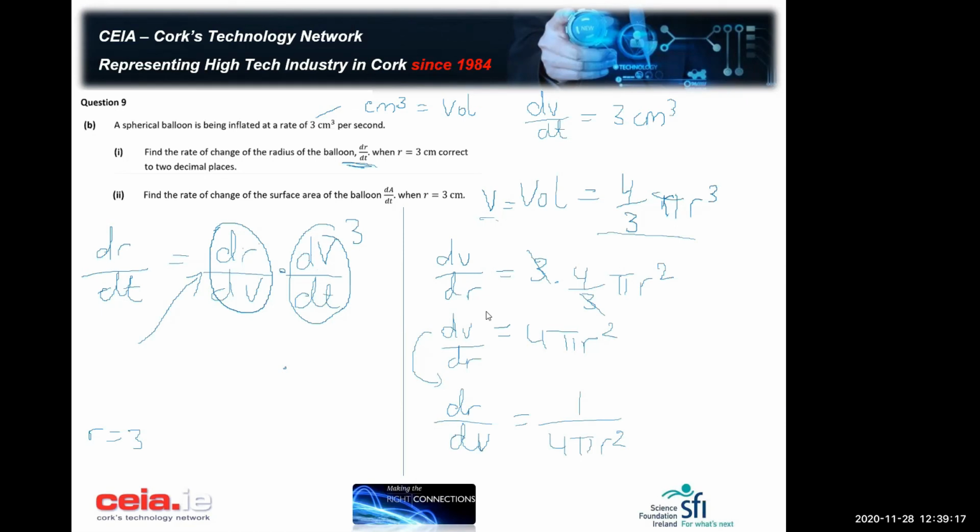So that means that dr/dt is equal to 1 over 4 pi r squared by 3, which is equal to 3 over 4 pi r squared. If we substitute in the value for r, which is 3, we get 0.03 centimeters per second.